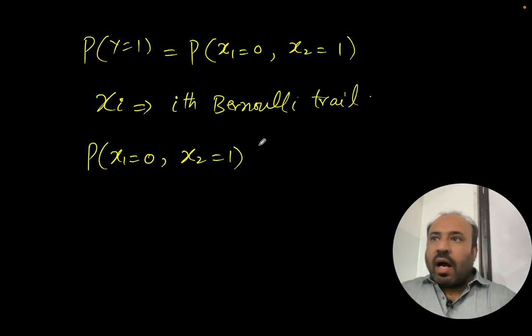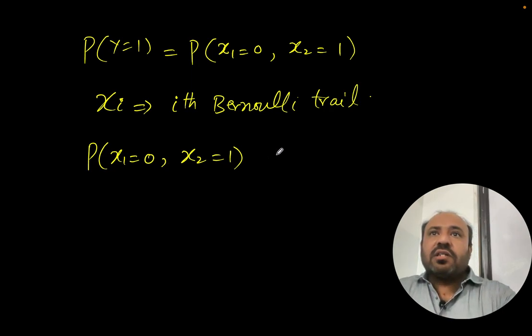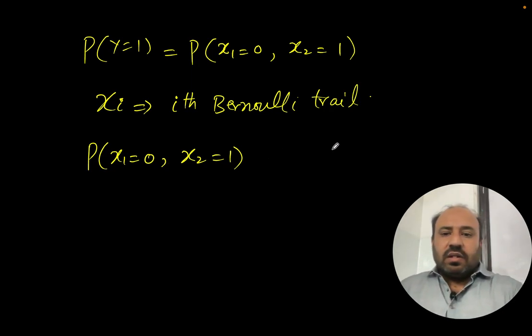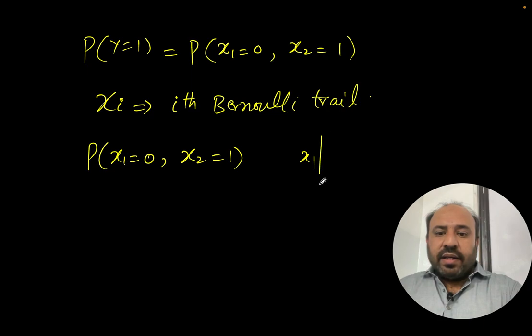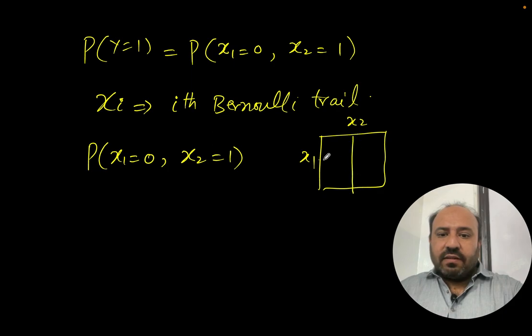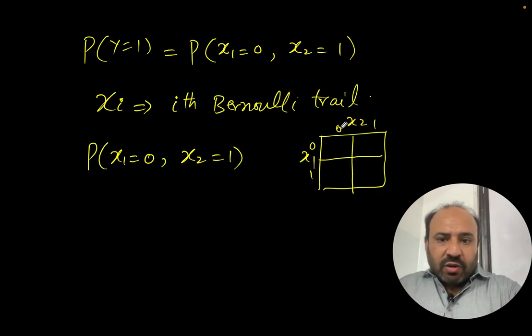Now, ideally it should come from a joint distribution. So x1 is this, x2 is this, and we have this 0, 1, 0, 1. Whatever the probability that x1 is 0 and x2 is 0 here, x1 is 0, x2 is 1 here, here, and here.